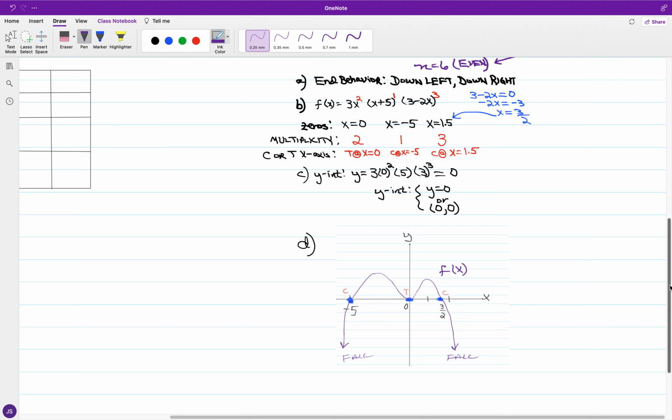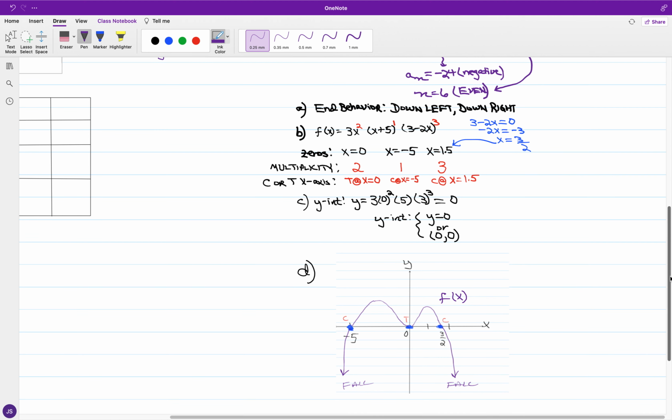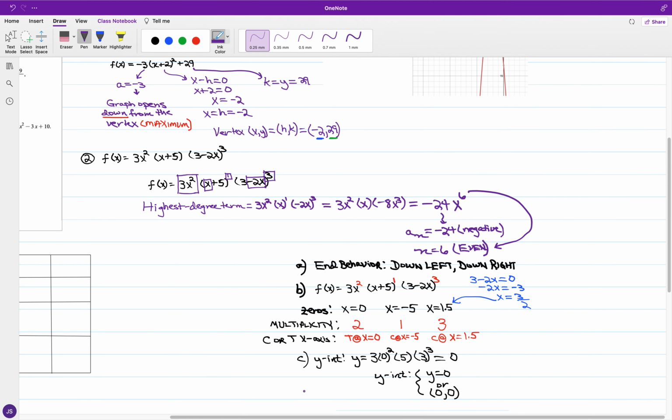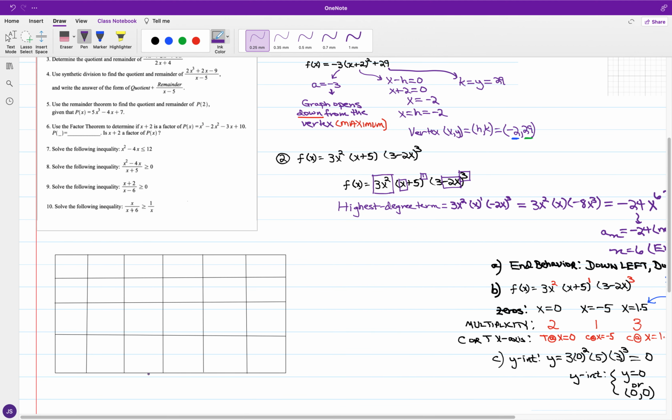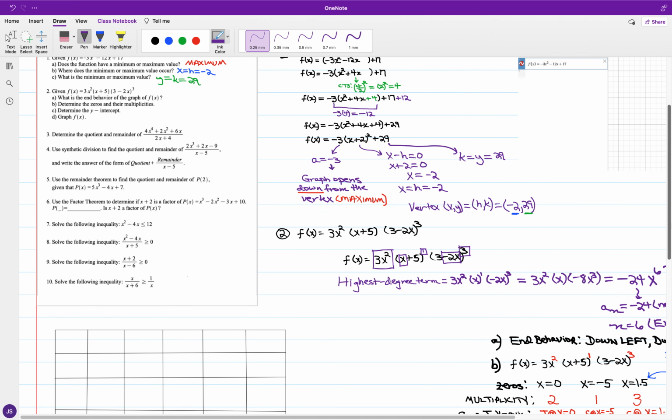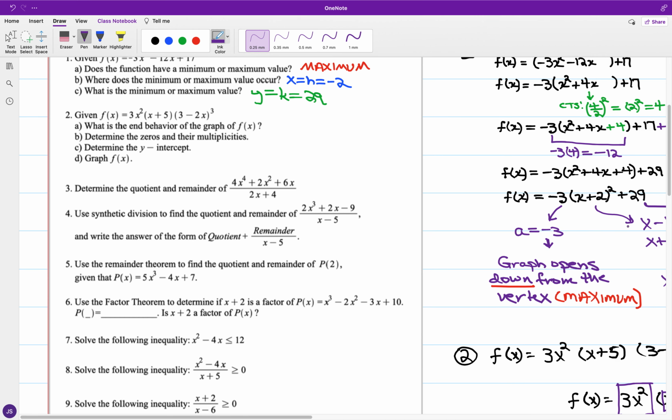Now, for the next item, in the third situation, we're looking at the determination of the quotient and remainder of this particular rational function. We have 2x plus 4 as the divisor, and the dividend is 4x to the 4th plus 2x squared plus 6x.